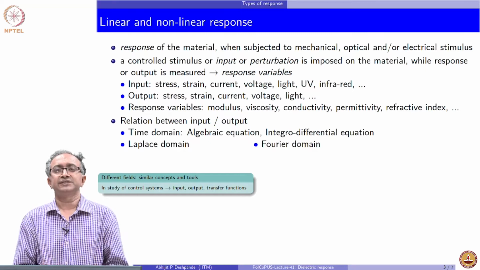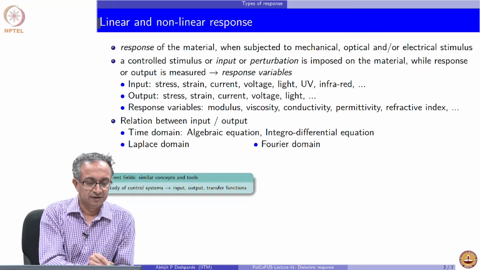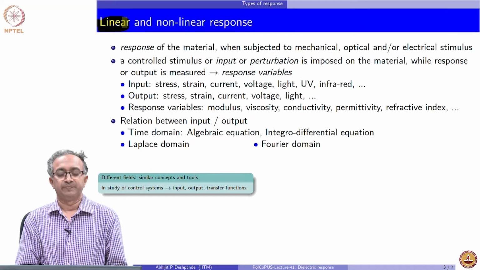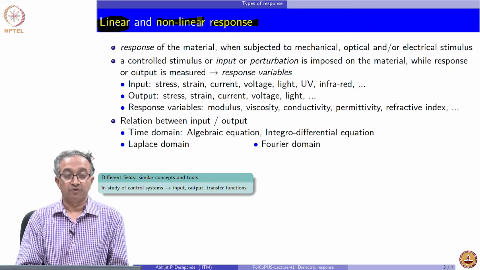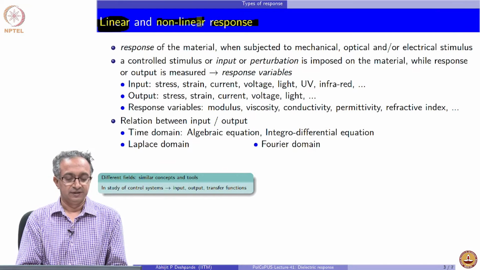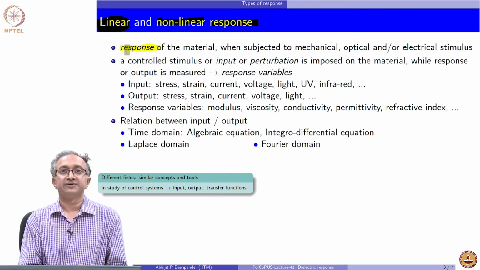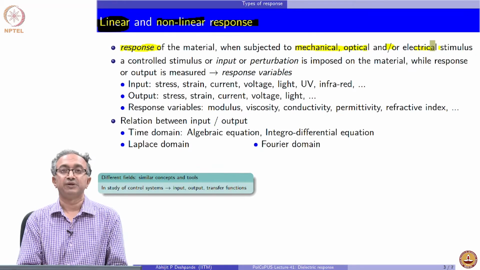So, one of the first things that I want to highlight is the fact that we will look at most often linear response, and there is also the nonlinear response of materials. So, response of the material, of course, we are interested in if it is related to some stimulus.